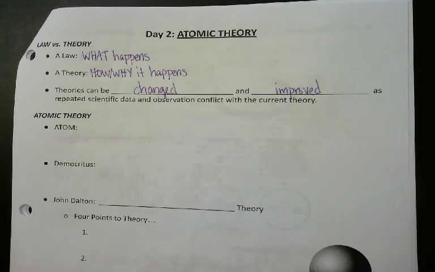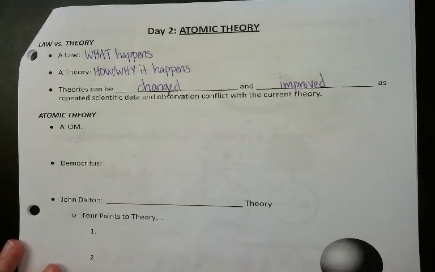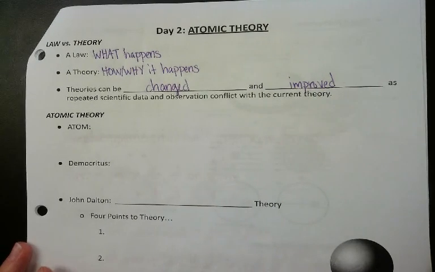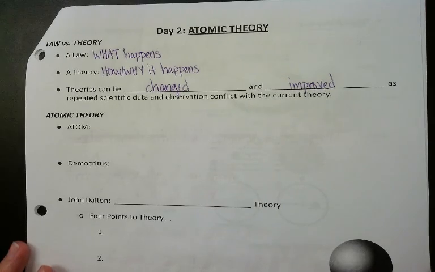And so their theory surrounding COVID, its spread, changed based on the data that they collected as they watched it spread, and what worked to help combat the spread and what didn't. So theories are able to be changed based on the data that's collected and examined. Laws do not change. Laws are really just the observation of what is happening, so it isn't going to change.